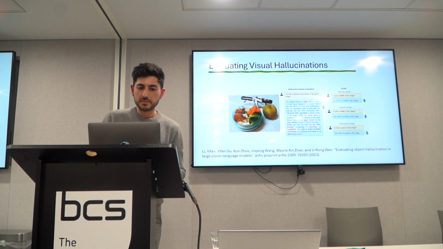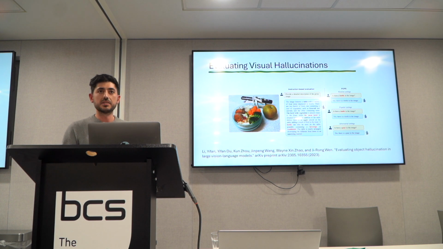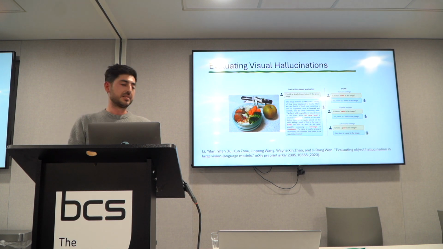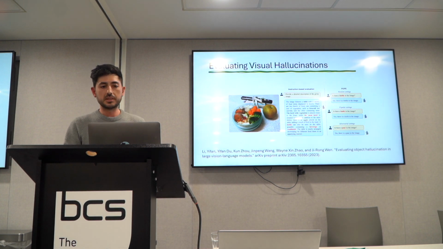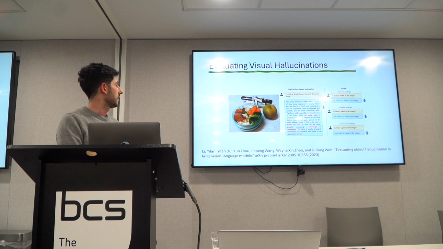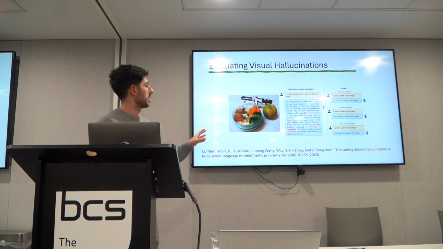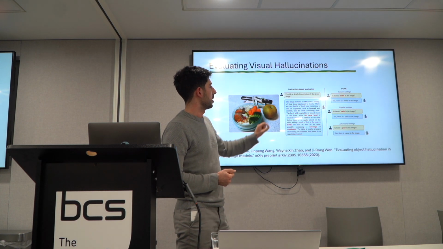Another direction within VLM evaluation is hallucinations. There is this famous POPE dataset. Of course, there are much better datasets right now to detect this. But as you can see, if you have an image like this, they test the model in three different settings: random, popular, and adversarial.